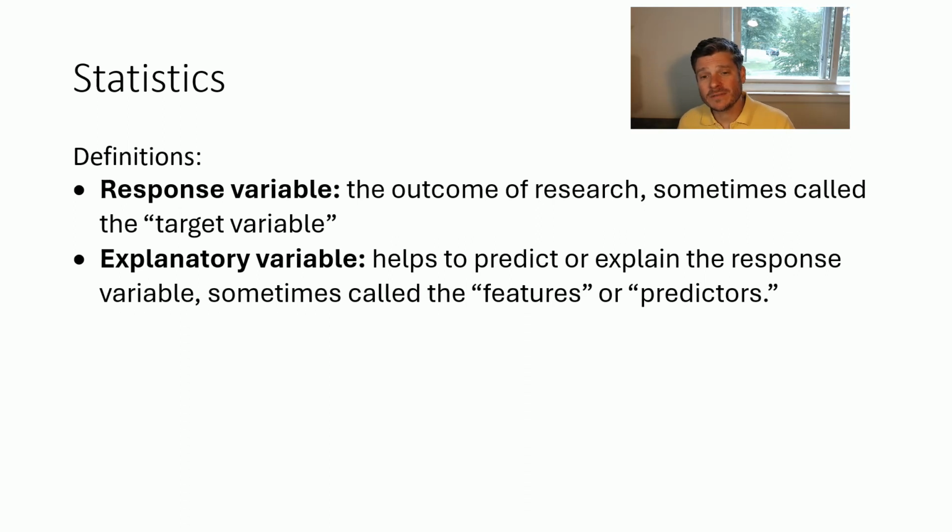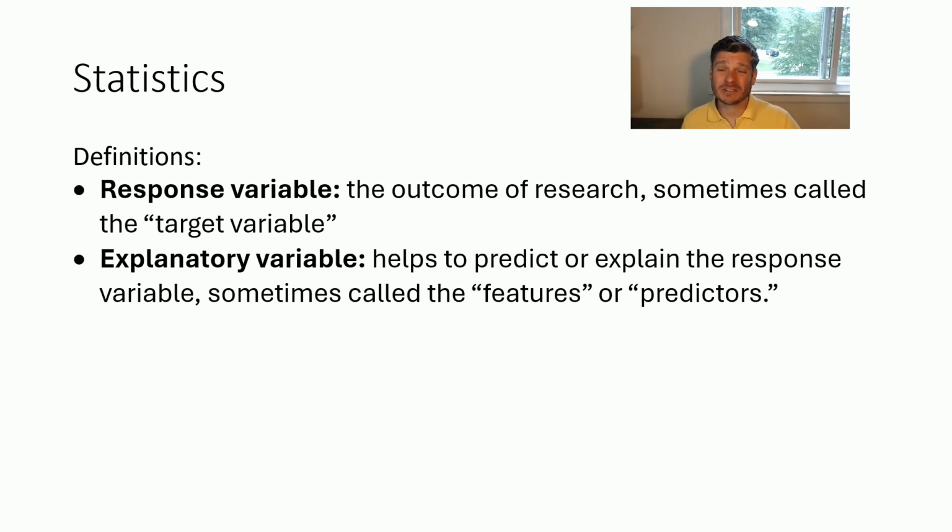And these are the variables that we use to, again, hopefully determine how we can manipulate our response. So the explanatory causes the response, except we're going to have to be really careful because we can't always claim causality when it comes to statistics, but we'll talk more about that in just a little bit.